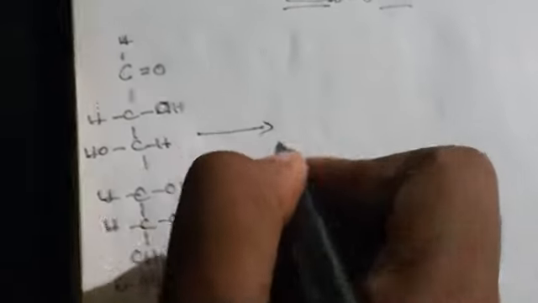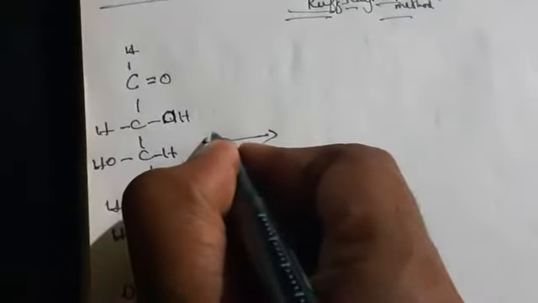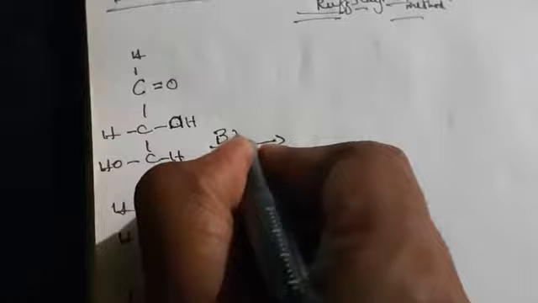So first of all we have to do oxidation. To do oxidation we add Br2 water. When we add Br2 water, the aldehyde group, the carbonyl group, is converted into the acid group. Only this group is going to convert into the acid group.